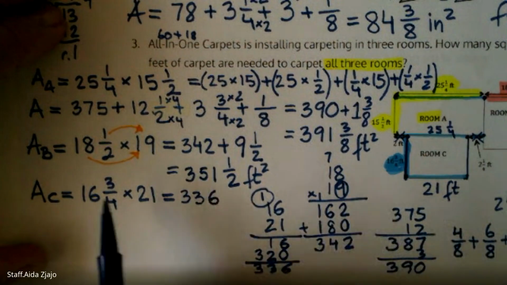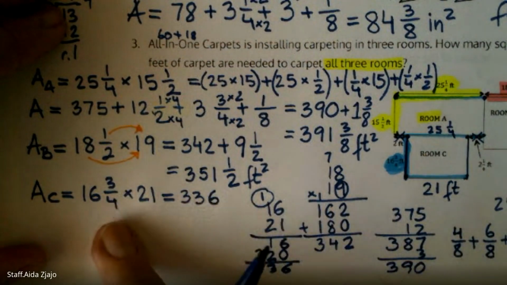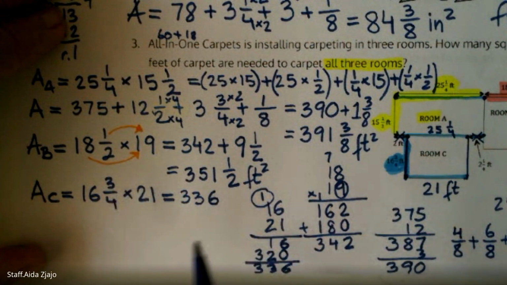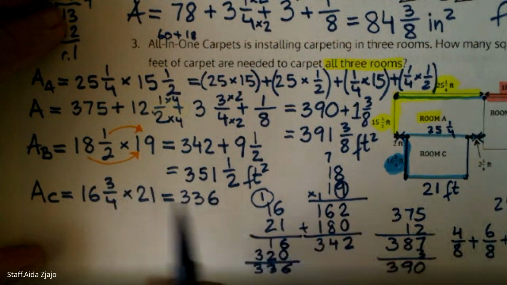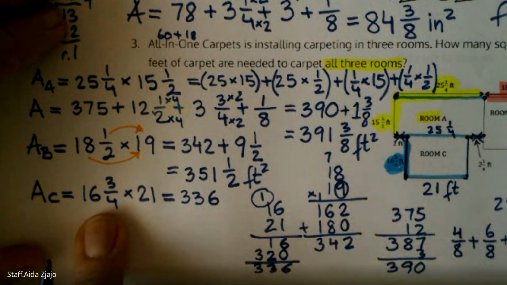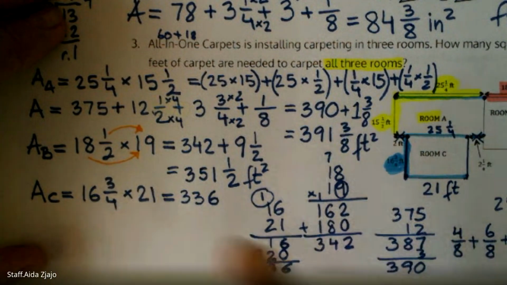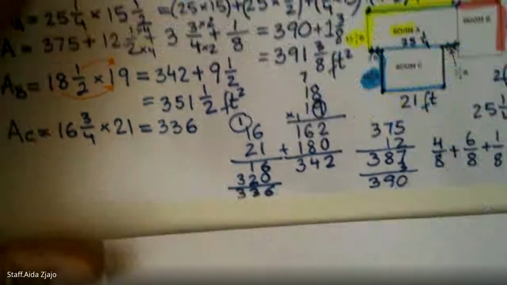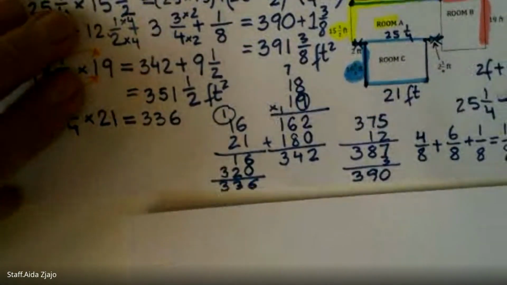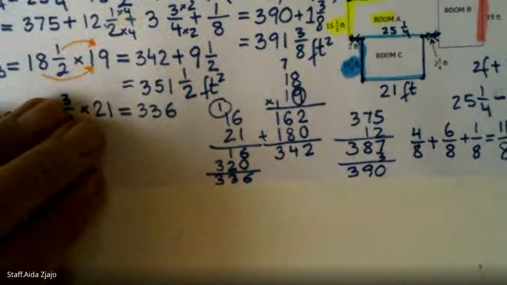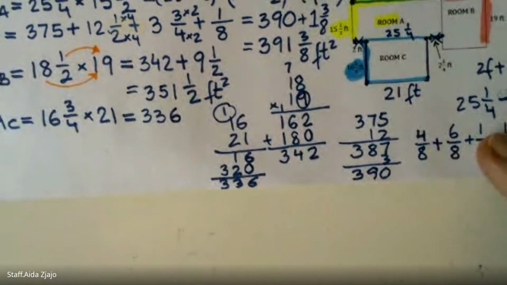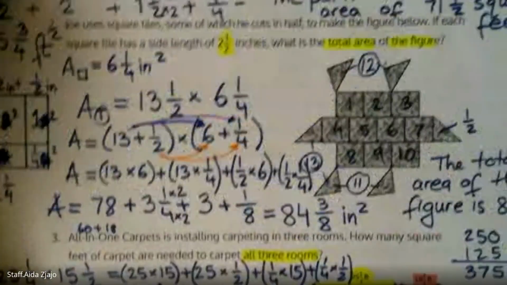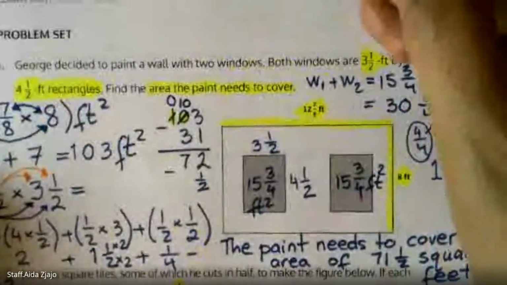So 336. And then what is 3/4 of 21? Or what is 3 times 21 divided by 4? You can think that way. I like to have everything on the one paper, so let me do this here.